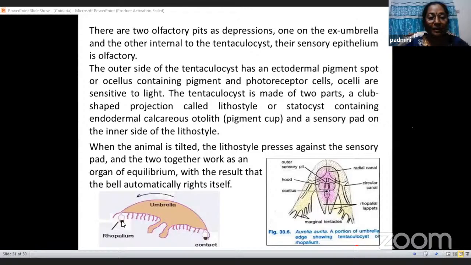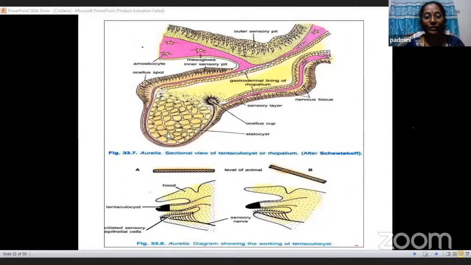This is the black colored one, the otolith or pigment cup. It acts as sensory in nature, made up of a sensory pad. When the animal is in a straight position, the tentaculocyst is in a straight position, but when it is falling down like this, the sensory nerves touch the tentaculocyst.